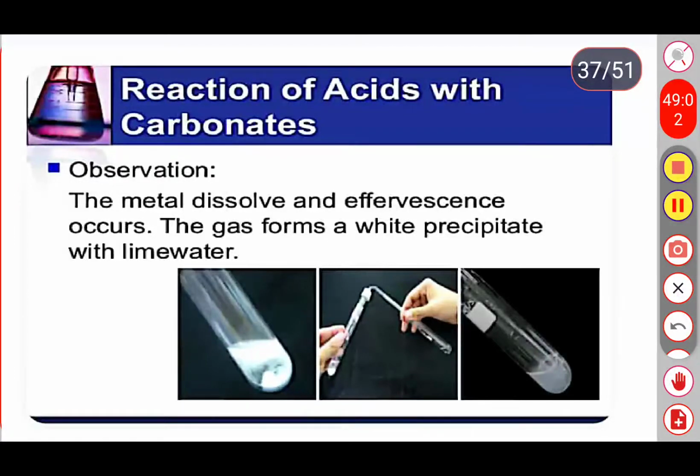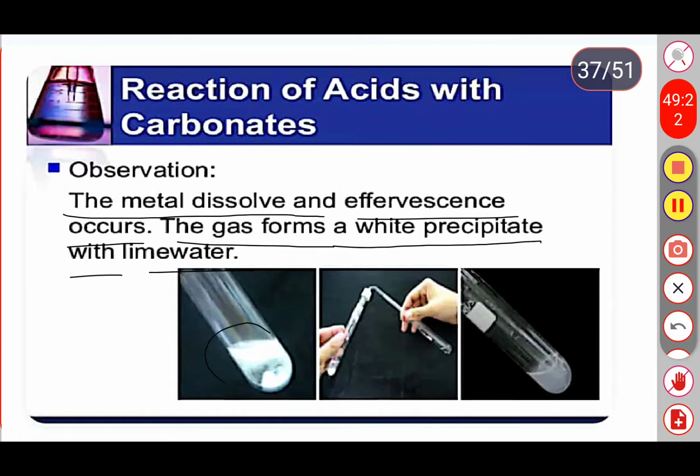The gas forms a white precipitate with the lime water. Here you are observing, when metal carbonates react with the acids, the gas forms a white precipitate with the lime water.